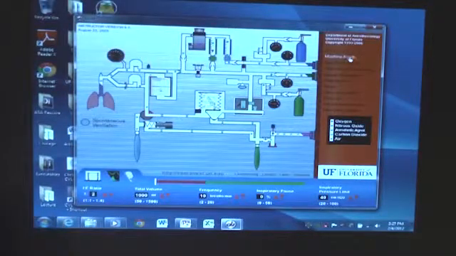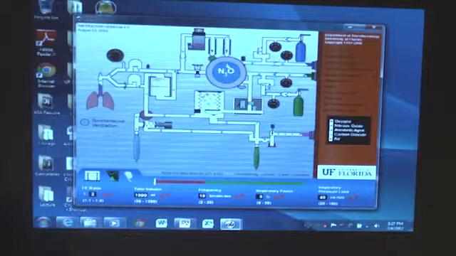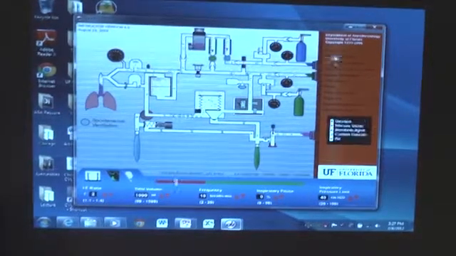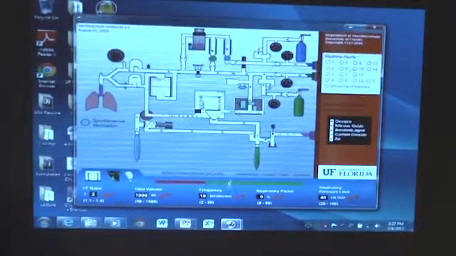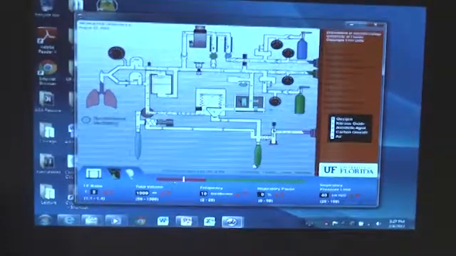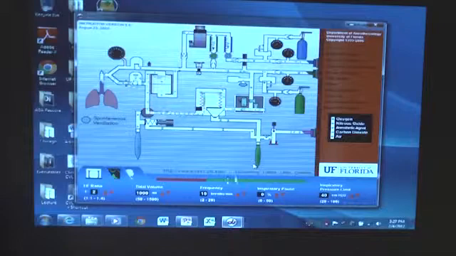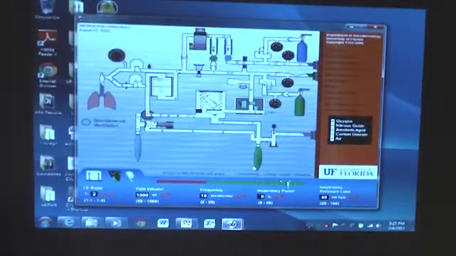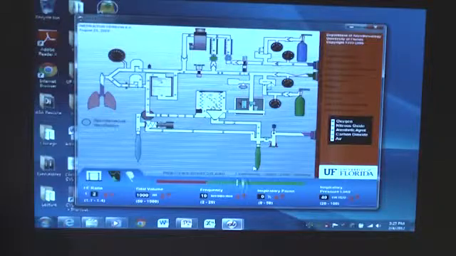Now, we have time, I think, for one more demonstration. Same situation. We're into the case 15 minutes after incision. Patient is happy and cutting away. And this happens.